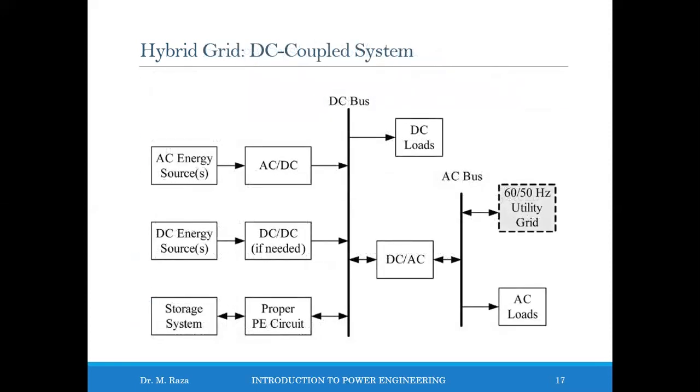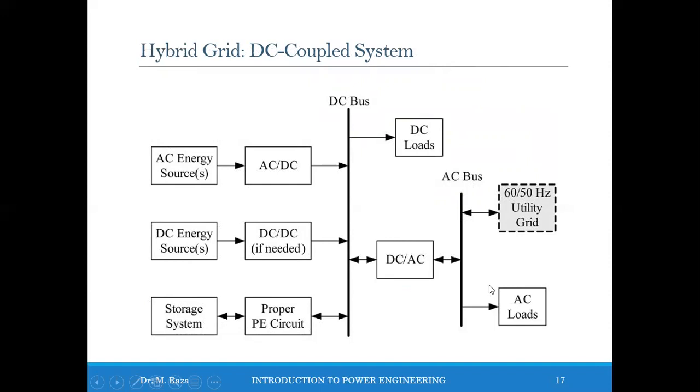In a DC coupled configuration, the different alternative energy sources are connected to a DC bus through appropriate power electronics interfacing circuits. The DC sources may be connected to the DC bus directly if appropriate. If there are any DC loads, they can also be connected to the DC bus directly or through a DC-DC converter, such as shown over here, to achieve appropriate DC voltage for the DC load.